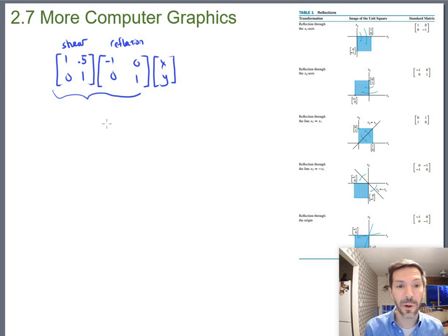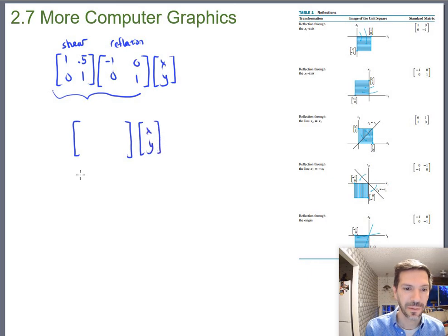And if we just multiply those together, and then multiply that by coordinates, we'll get a shear reflection matrix, one that does both, and in the proper order, right? Because the order might matter here. So let's go ahead and multiply these together.